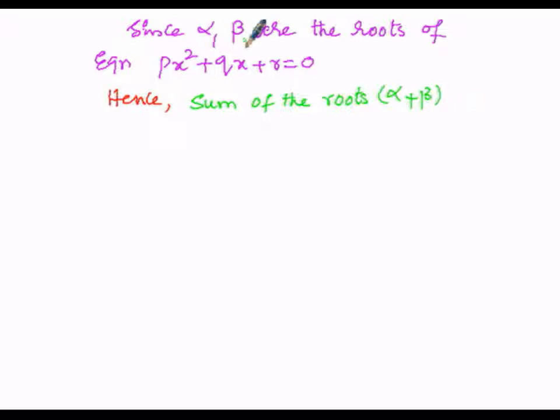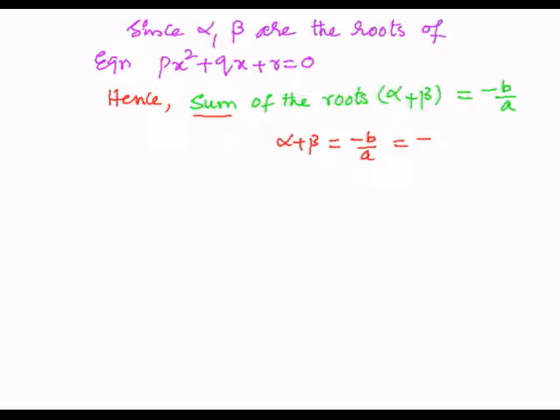It is given by the formula minus b by a. So the sum alpha plus beta is equals to minus b divided by a, that equals to minus b value.